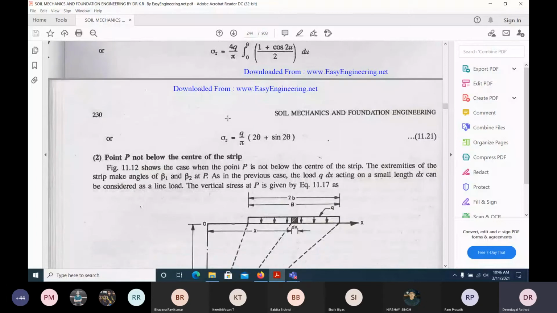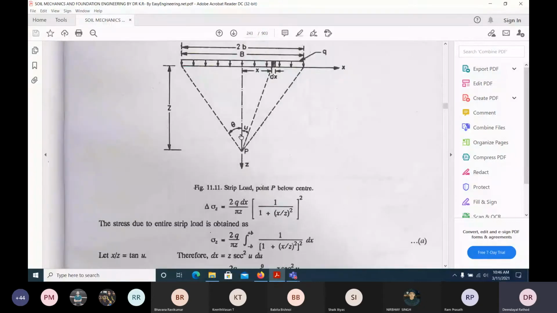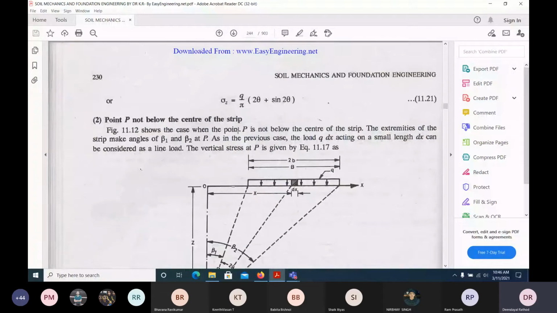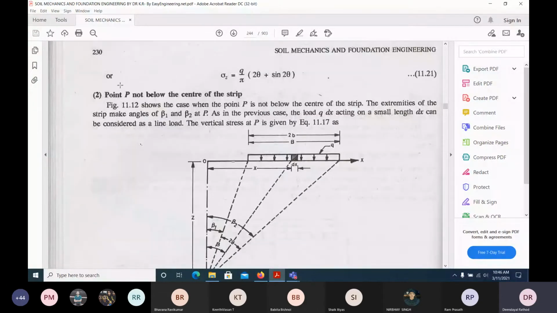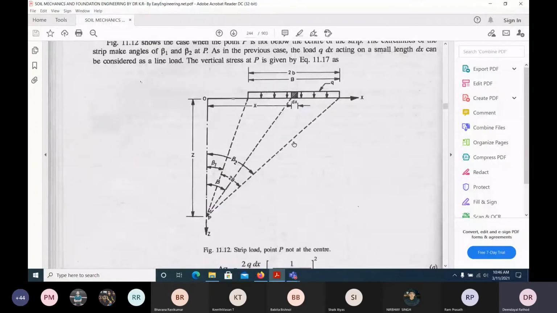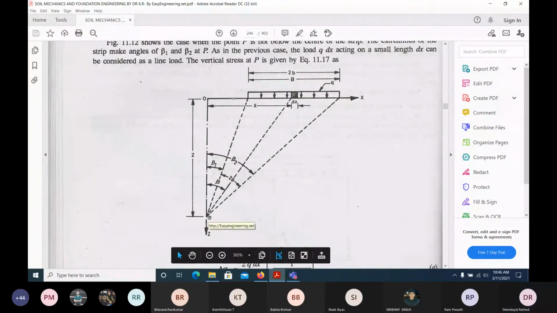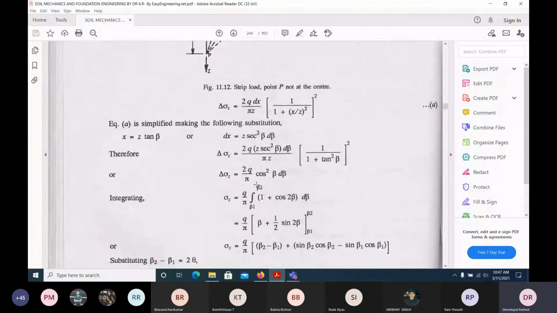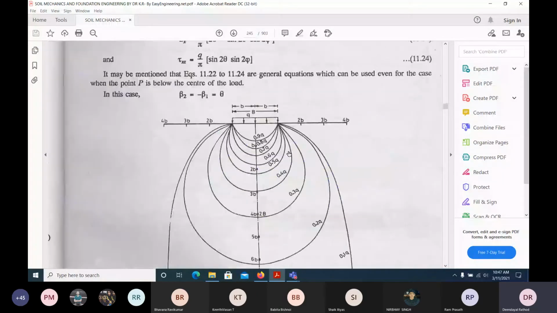Theta we already know. As homework, instead of assuming P just below the center, try to assume P somewhere else, and find the vertical stress there because of this strip. That is also very simple.